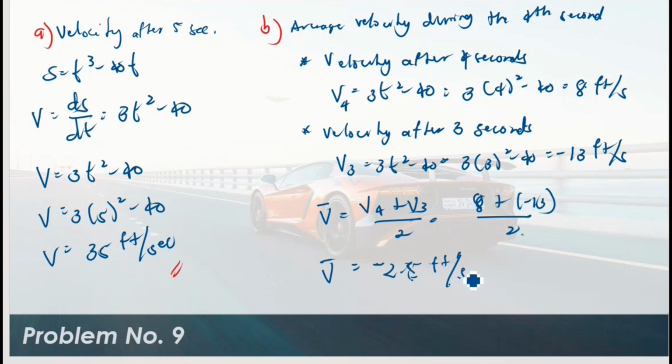Okay? So this is our answer to this problem: negative 2.5 feet per second, the average velocity during the 4th second. So, we have the first one, velocity after 5 seconds, and the average velocity during the 4th second. And last, we have the acceleration, letter C.